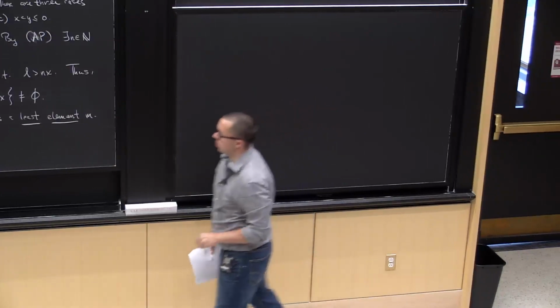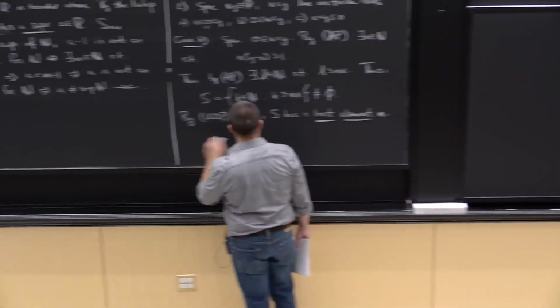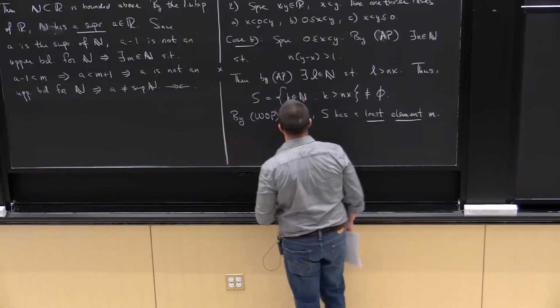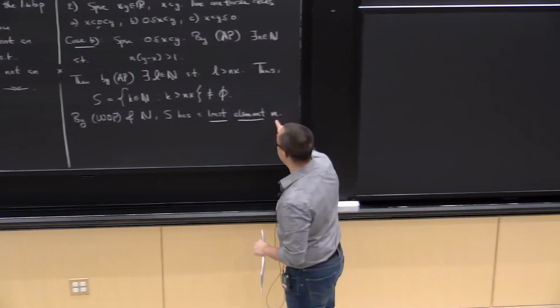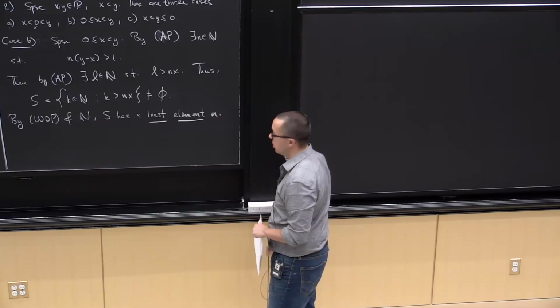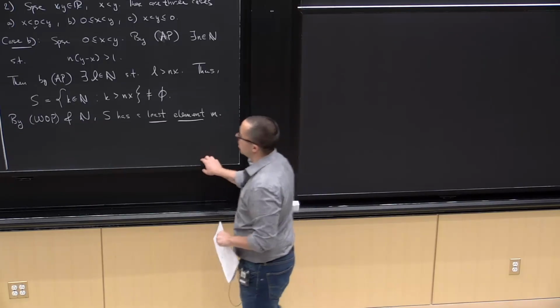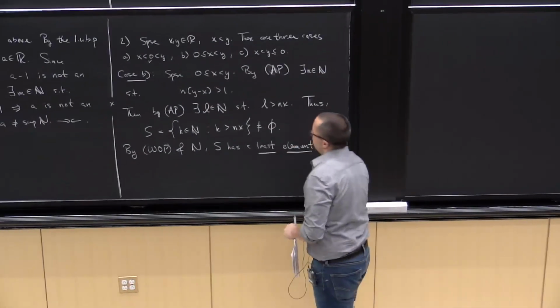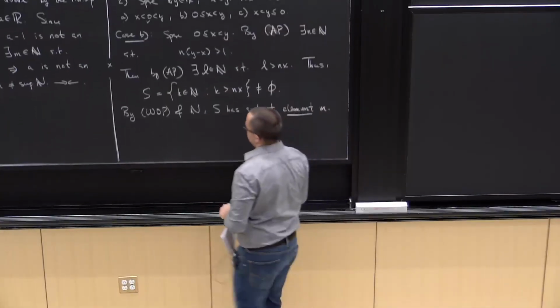Now what does this mean? What does M have to satisfy? What we're going to show is that M over n is in fact our rational number that is between x and y. Okay?